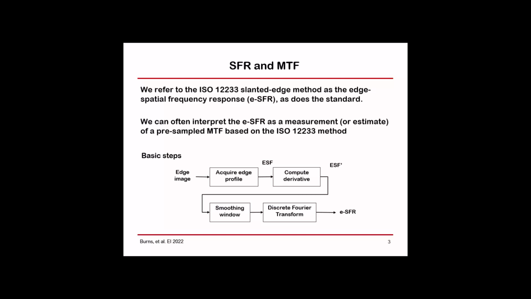We can do some smoothing, some filtering, and then compute the discrete Fourier transform, and we end up with the ESFR. It's very easy to describe in these four boxes, but of course the actual steps are more complicated, and best understood by reading the standard or looking at the available code.